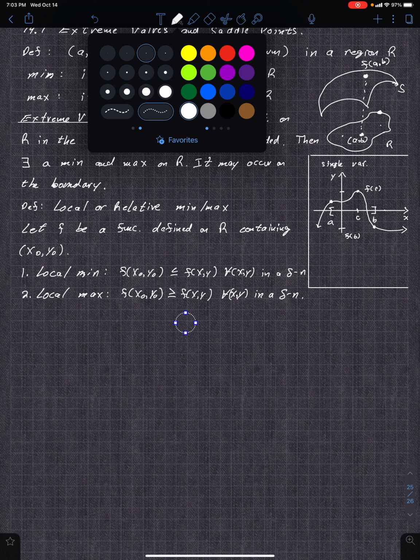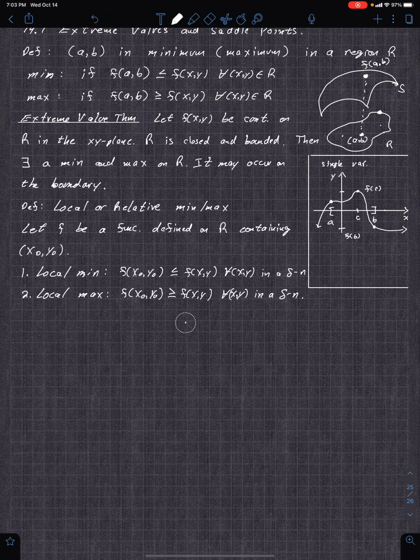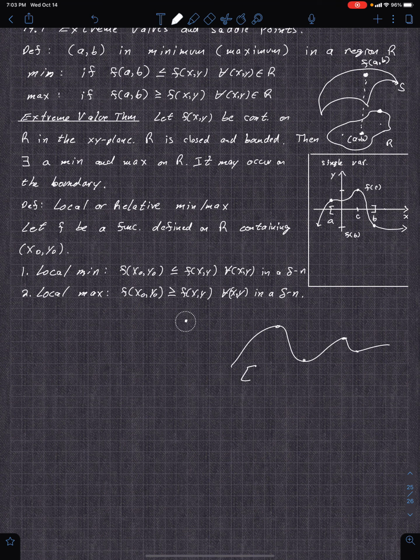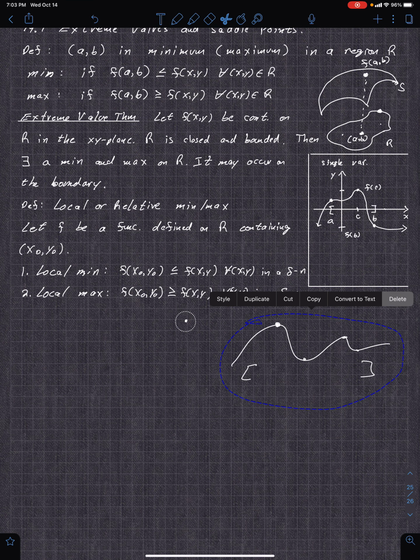So you can put a value around it, and then it's the max or min. And so those are those little bumps and dips in the graph, right? Just like in the single variable, those are what we refer to as your locals. And then if you put a closed interval on it, it might be the absolute max or absolute min. Okay, so that's what we're looking at.